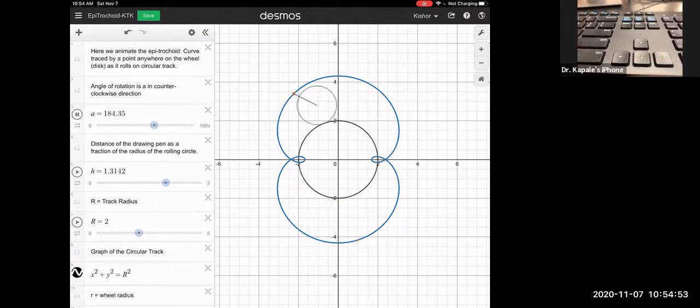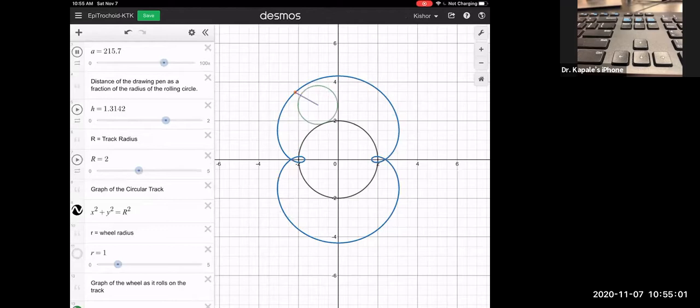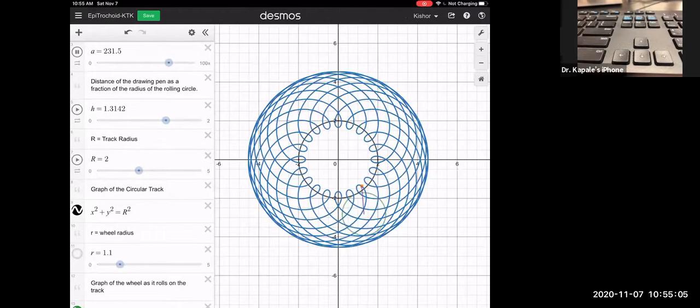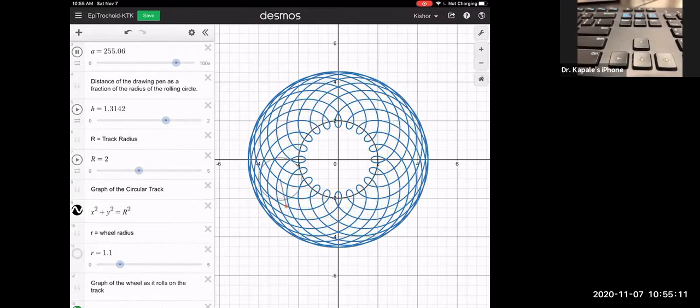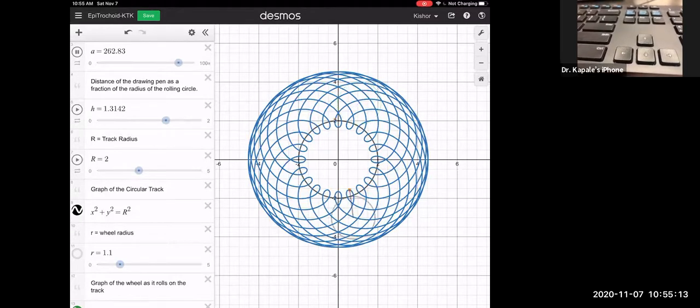This one is interesting. I want to show you the situation, let's say, where the radius is not 1, but just 1.1. When the ratio of the radii, the radius of the track versus the radius of the wheel, is not an integer ratio, then you can get interesting patterns. So right now I have track radius 2, wheel radius 1.1.